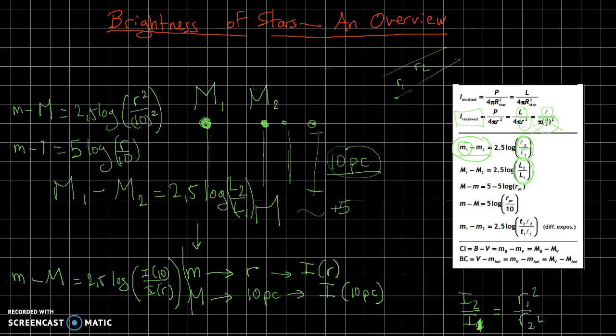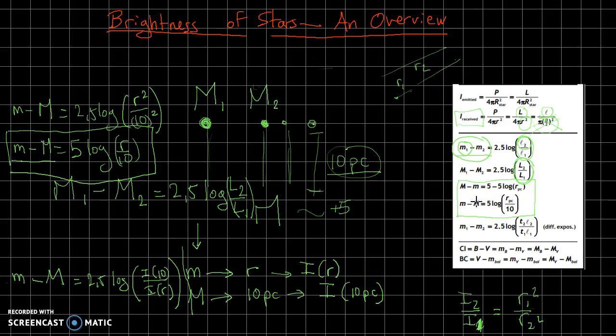So this is called the distance modulus. If we know the apparent magnitude of a star and we know its absolute magnitude, we can deduce the distance. And if we know the distance, we can find its absolute magnitude. So on the formula sheet, these two equations are exactly the same, just a different arrangement.